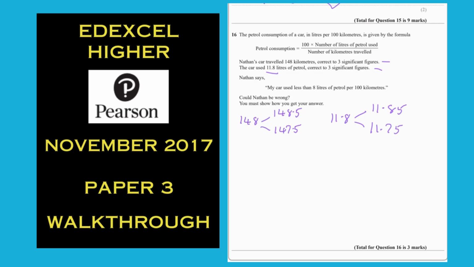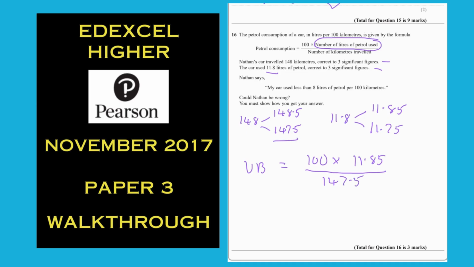Nathan says my car used less than 8 litres, so he's trying to get a low value. So we need to look for the worst case scenario, in other words, the upper bound. To get the upper bound in this formula, you want the largest amount of petrol on top, so 11.85, divided by the worst possible distance on the bottom.